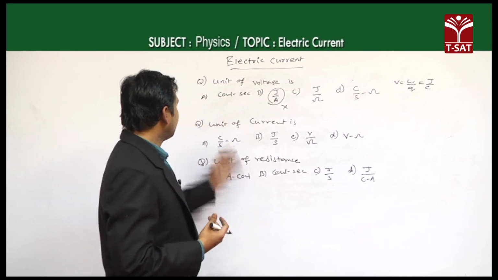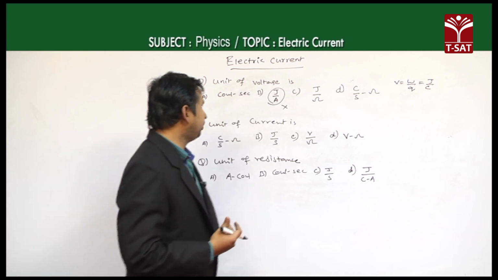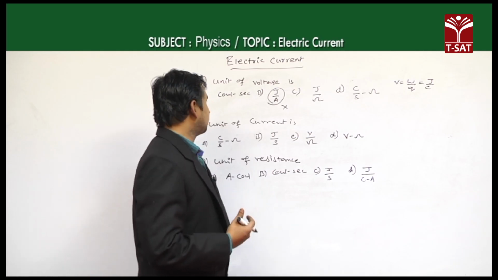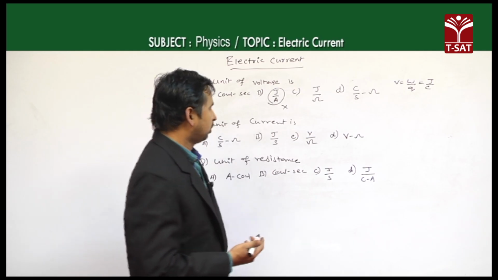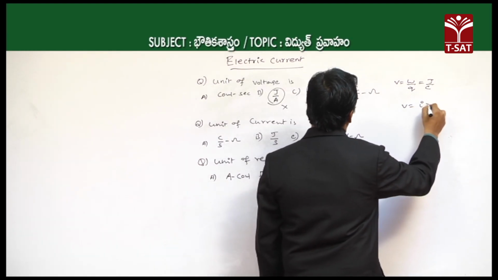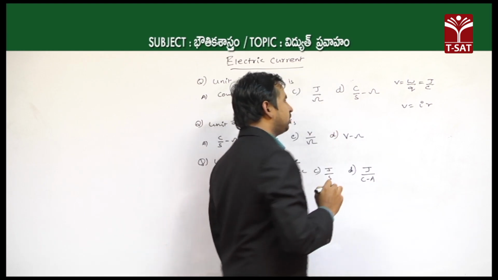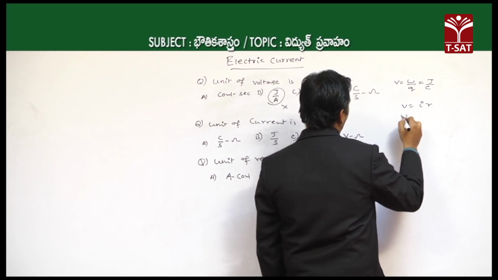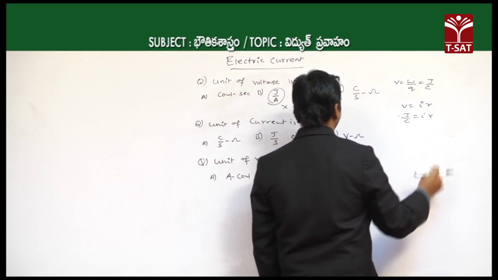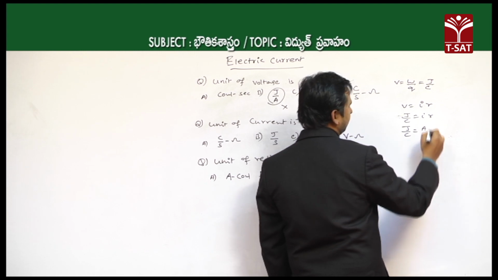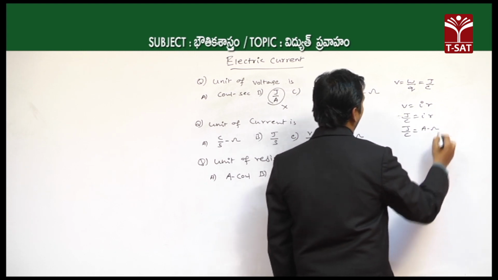Next, coulomb per second is given there. Coulomb is the charge and second is the time, so that is why it is not coulomb second either. If you take it in terms of resistance, V is equal to IR, with ohms given there. We can write V as W by Q, which is J by C, equal to IR, where the units of J by C equal current in amperes and resistance in ohms.